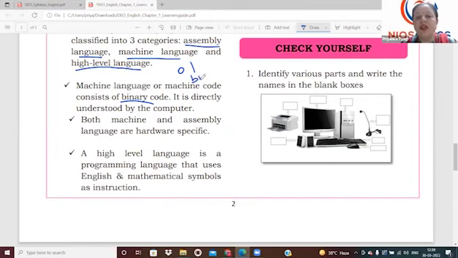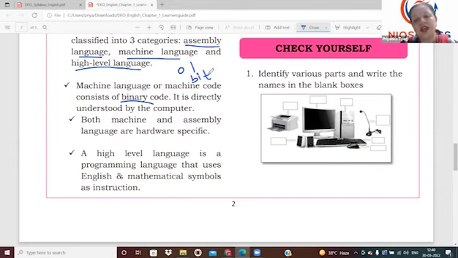So we need a certain kind of special language to handle that data, and assembly language has the capability to work with binary language directly.